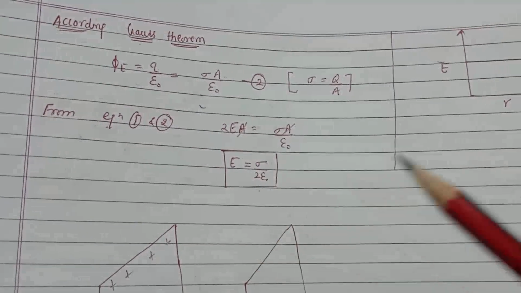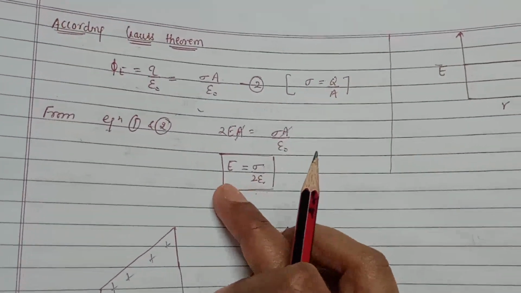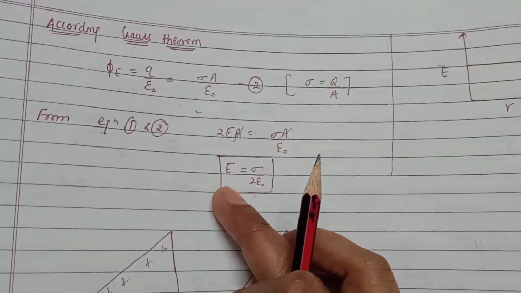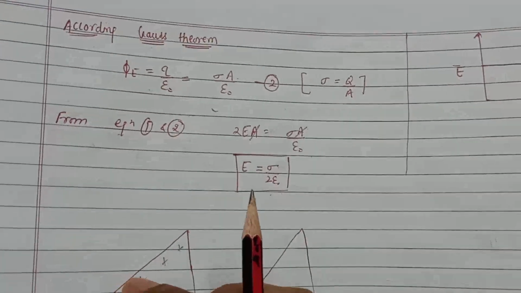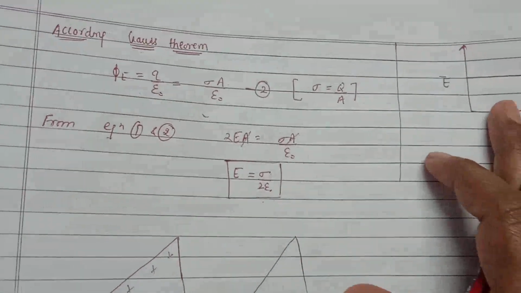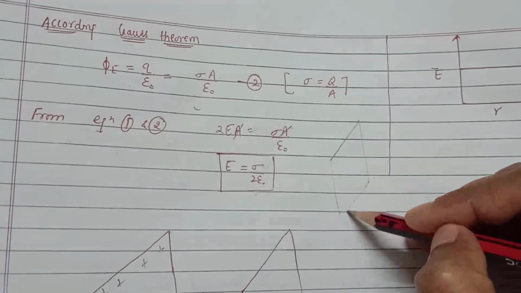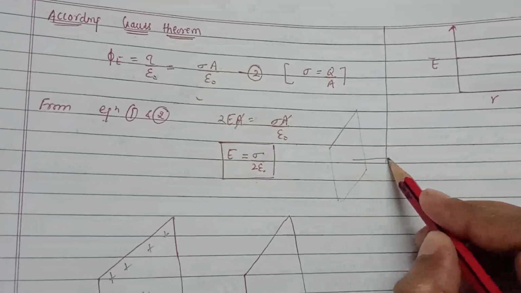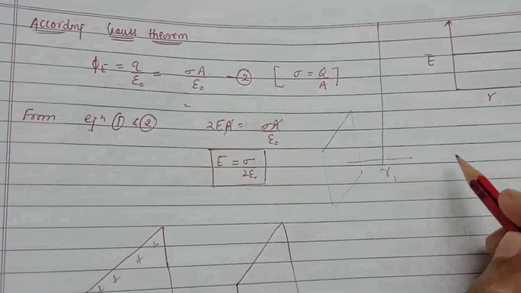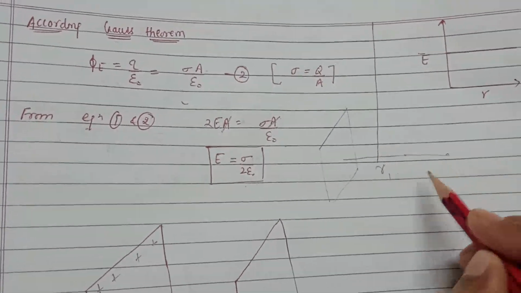Now how do we find the dependence of electric field on distance from the surface charge distribution? Suppose that you have this thin charge sheet, and we have to calculate electric field at distance r1 and then at distance r2.